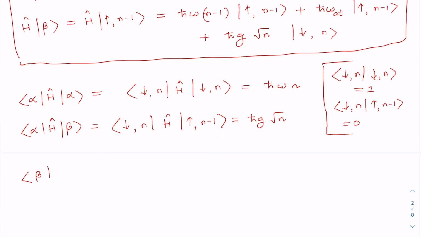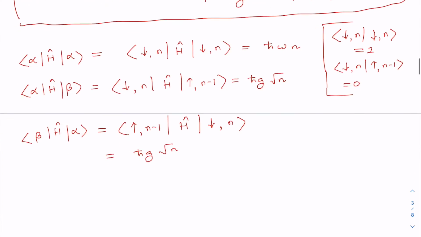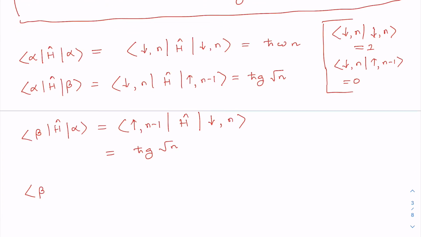And beta H alpha, that is beta, the atom in the up state with n minus 1 photons in the field mode, H, the atom in the ground state and n photons in the field mode. If you work it out, you will again get ħg square root of n. And finally beta H beta, that would be equal to, so let me write it down explicitly.